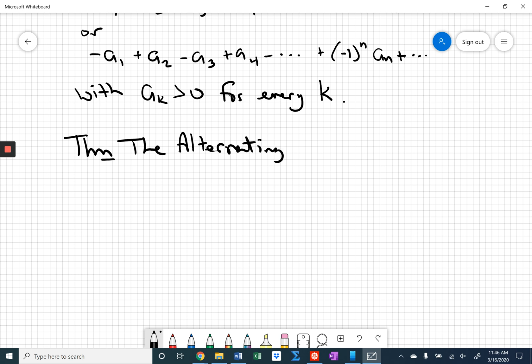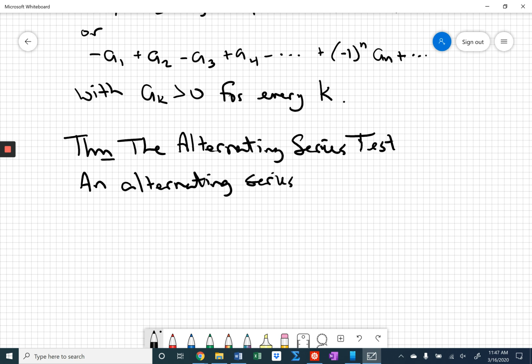The alternating series test: an alternating series is convergent if the following two conditions are satisfied.